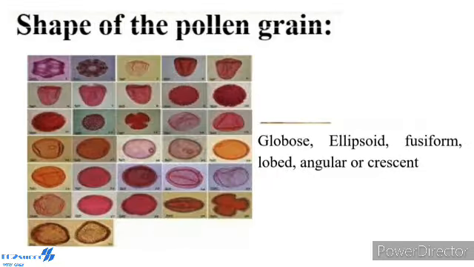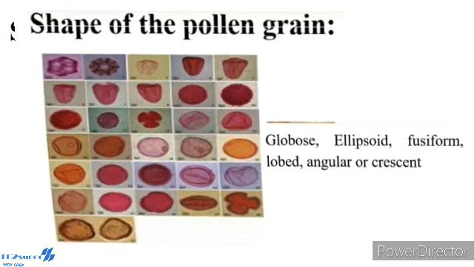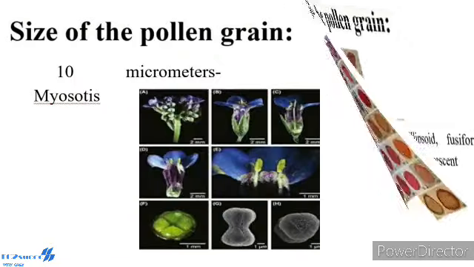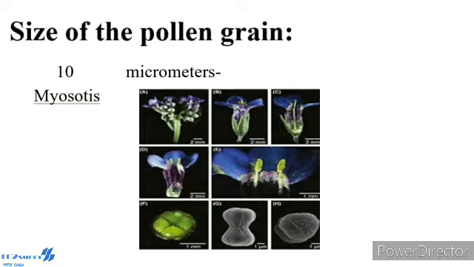Next one, the shape of the pollen grain. Shapes of the pollen grains may be different: globose, ellipsoid, fusiform, lobed, angular or crescent shapes are there. Then the size of the pollen grain: 10 micrometers in Myosotis.